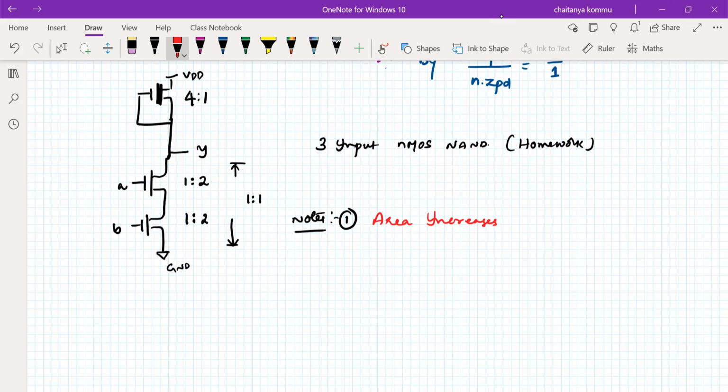So as much as the area increases for the pull down network, that much length must be increased for the NMOS depletion mode transistor also, in order to maintain the proper length to width ratio for pull up to pull down, to keep the ZPU divided by ZPD value correct.